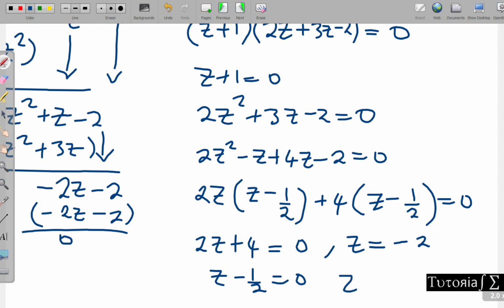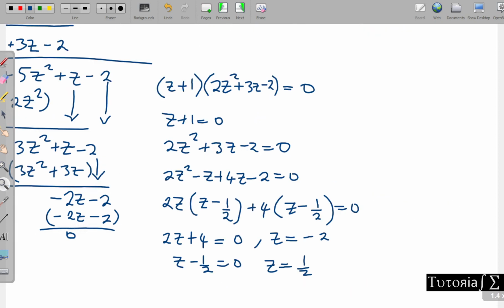Here z will be equal to positive 2. Then you found all your factors. The first factor was z equal to what? z is equal to negative 1. So you have all your 3 factors, right?